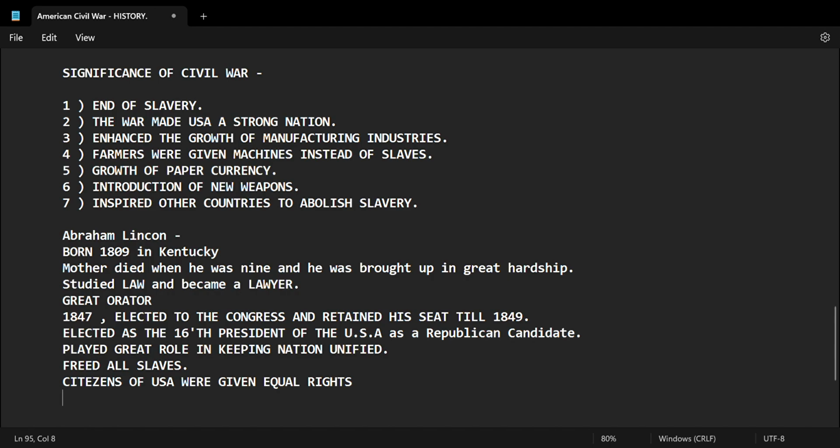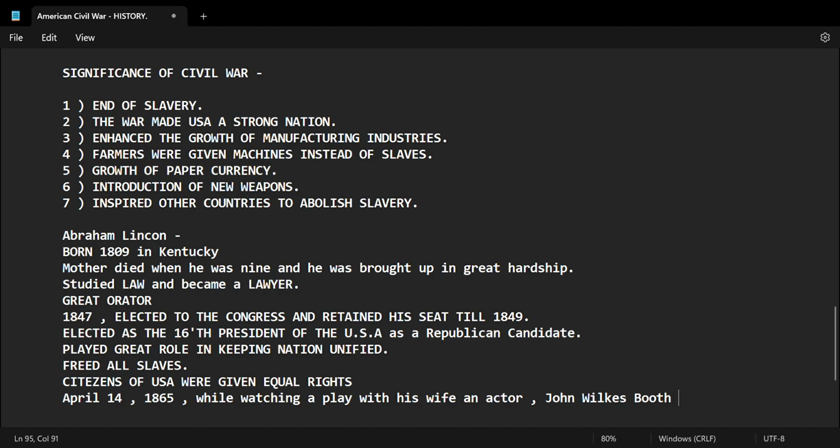On April 14, 1865, while watching a play with his wife, an actor, John Wilkes Booth, shot Lincoln in the head.